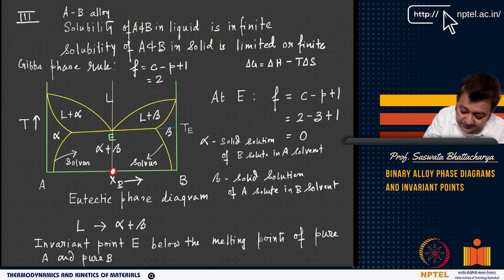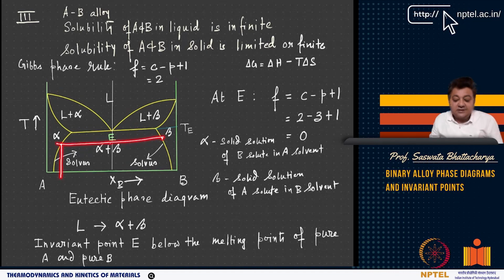So this composition below the eutectic temperature will have alpha plus beta. Now at this temperature it just has a transformation to liquid, and if you go slightly above, you have the liquid of the same composition. When it comes down to alpha and beta, then at a given temperature you have alpha of this composition and beta of this composition, at equilibrium.